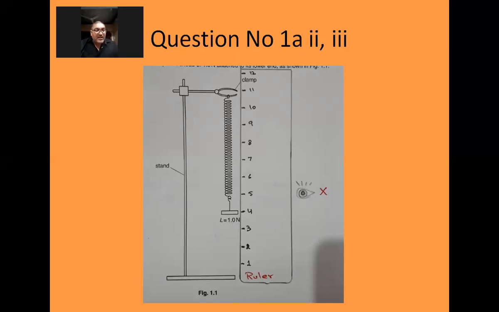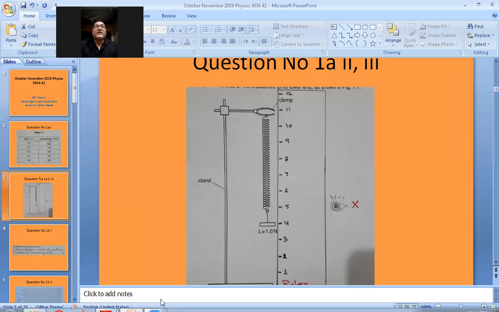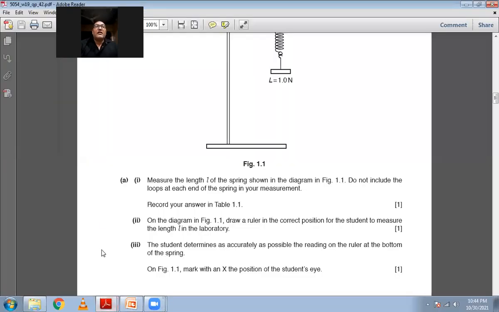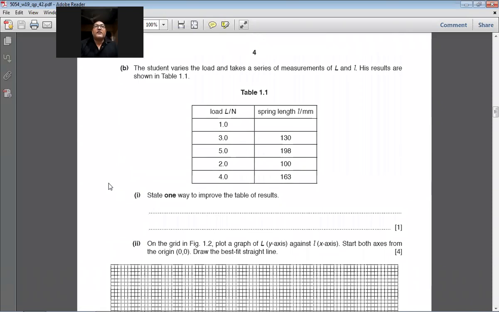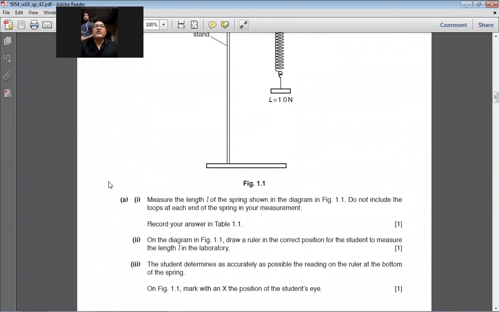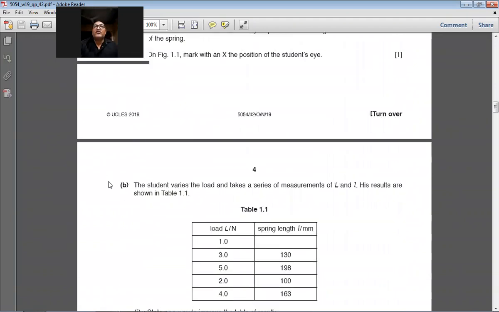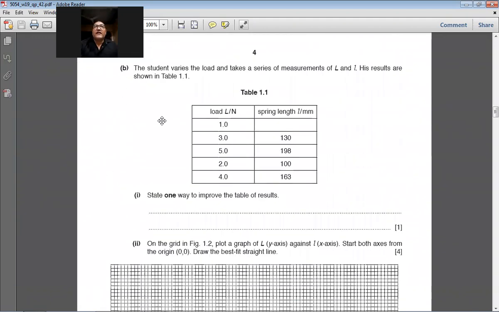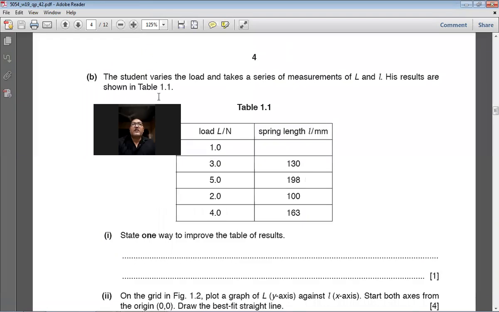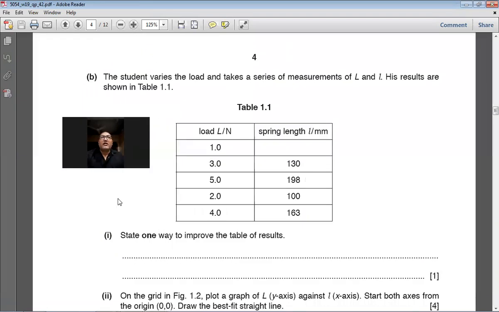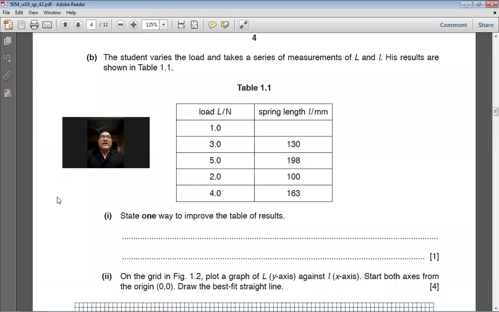That's the B part, and let's go to the question paper again. So in the B part, he says the student varies the load and takes a series of measurements of L and l. His results are shown in table 1.1.